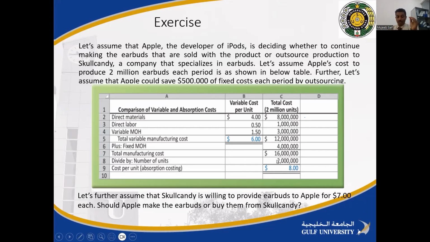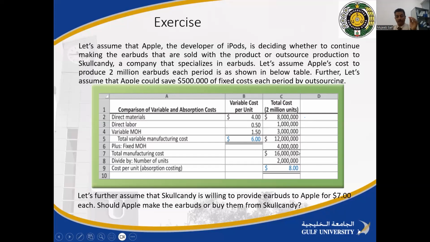No, you should consider fixed cost, because even if you decide to purchase this unit from outside, there is also a fixed cost, and you will not be able to avoid this fixed cost.